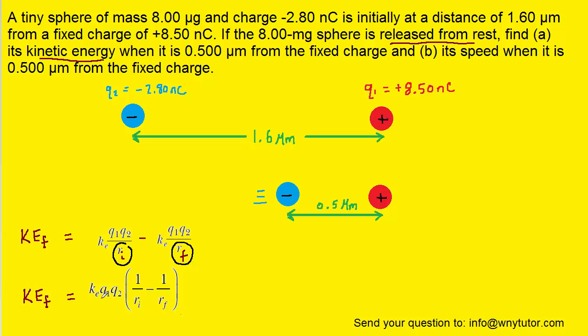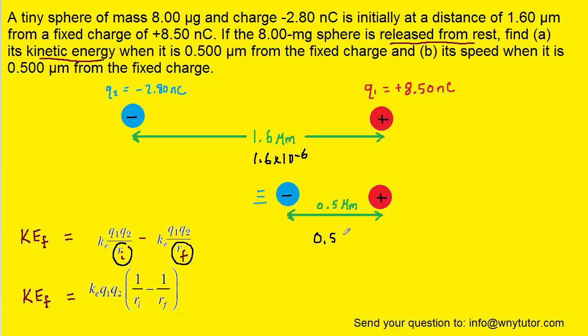Now with the K, Q1, Q2 term factored out of the equation, we can begin to plug in the known values. Notice, though, that we have to change things into standard units. So, for example, the initial distance between the charges, this Ri, was given to us as 1.6 micrometers. We have to make sure we convert that into meters by multiplying it by 10 to the minus 6. Same thing with the final distance between the charges.